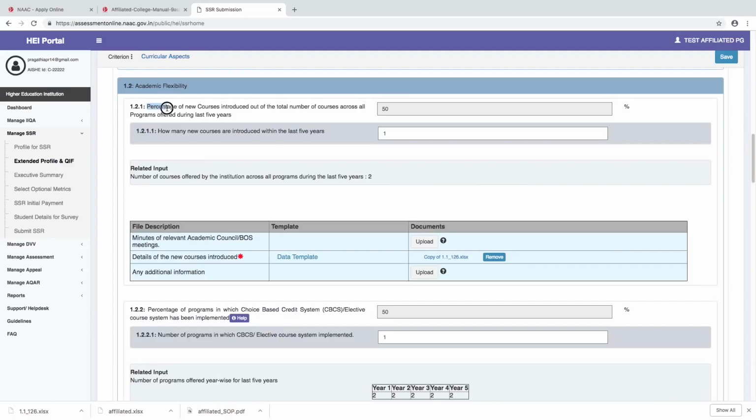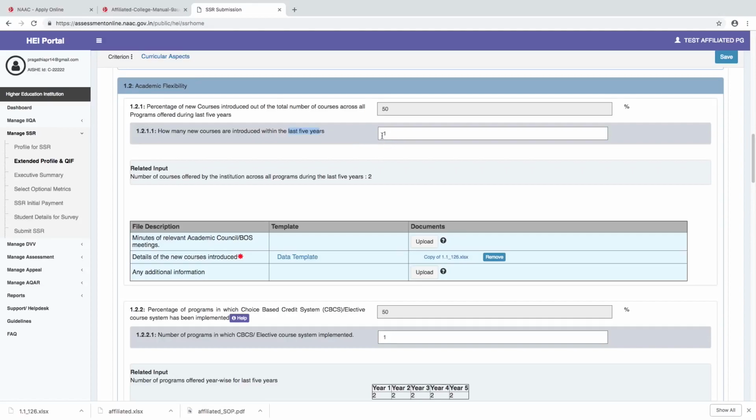But in this case, percentage of new courses introduced out of the total number of courses across all programs, how many new courses are introduced in the last 5 years. When this metric talks about the last 5 years, one whole number is being sought. That is, for the last 5 years, how many new courses have been introduced in different programs of the institution.